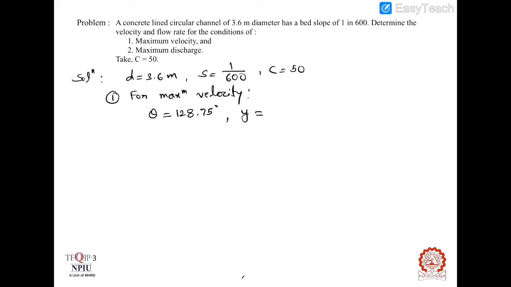Depth of flow is 0.81 times of diameter and hydraulic mean depth is 0.305 times of diameter. Okay, these were the conditions we found for the maximum velocity in circular channel in the last lecture.